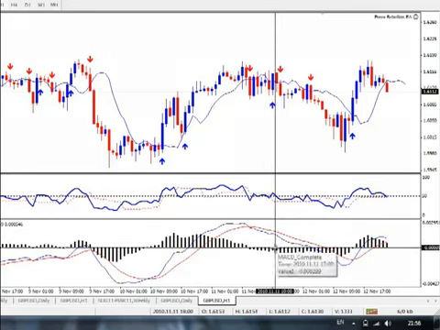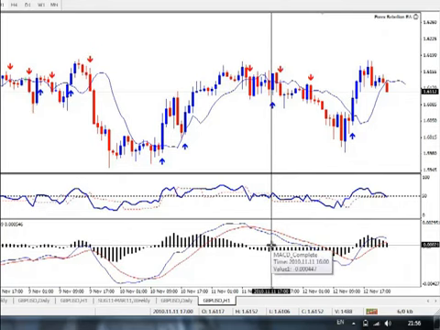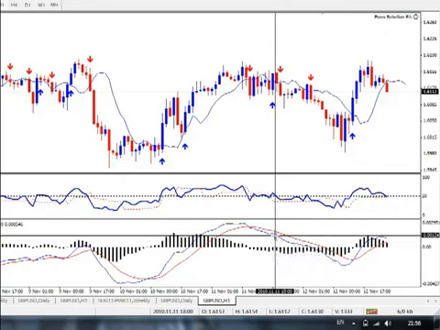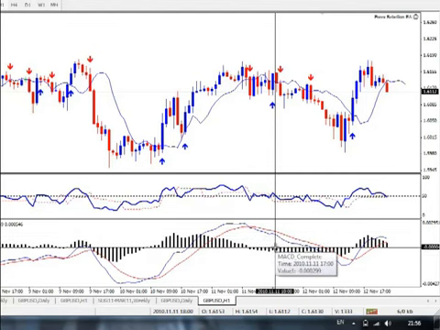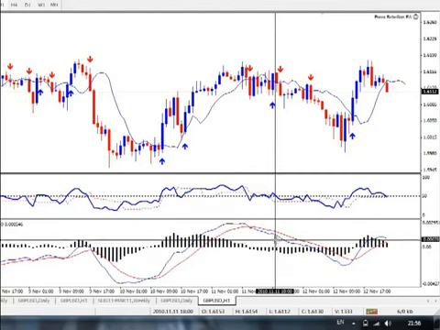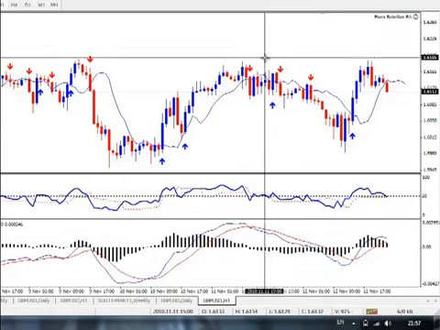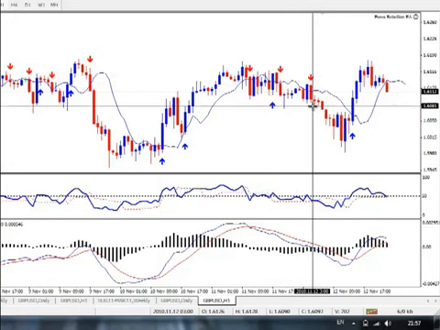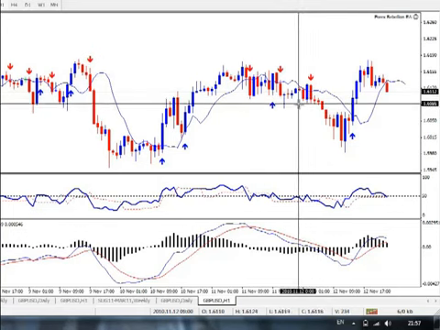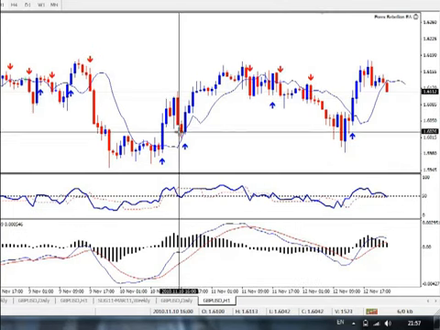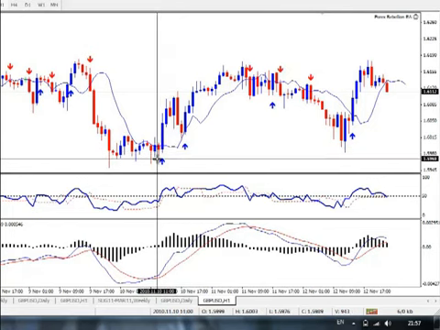I want the MACD to give me confirmation. If it's long, I want the MACD to be above the 0 line with a slope up. And if we go down, I want the MACD to be below the 0 line and with a slope down, as in this case.